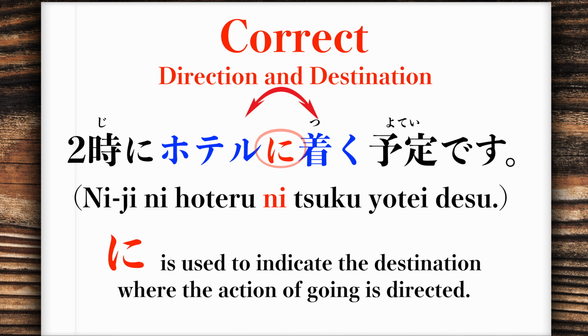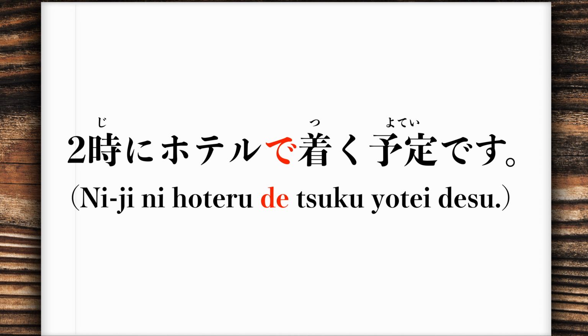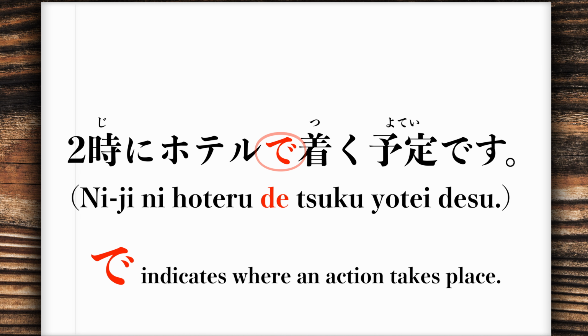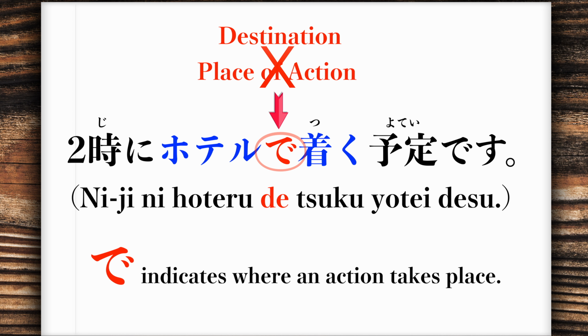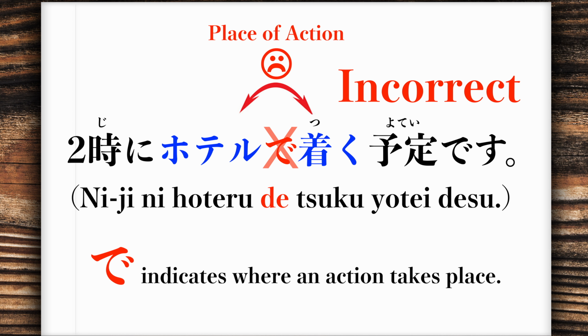It's correctly emphasizing where the action of arriving is directed. However, in the second sentence, で indicates the location where the action of arriving takes place, emphasizing the hotel as the location of the arrival rather than the destination. This usage is incorrect for expressing the intended meaning of specifying the destination.